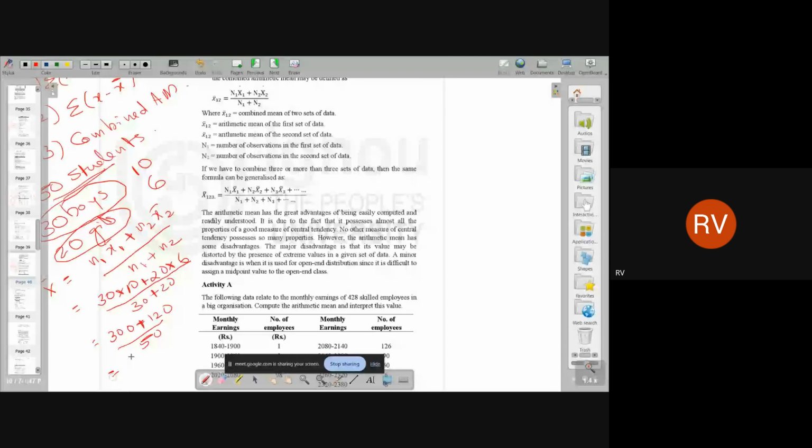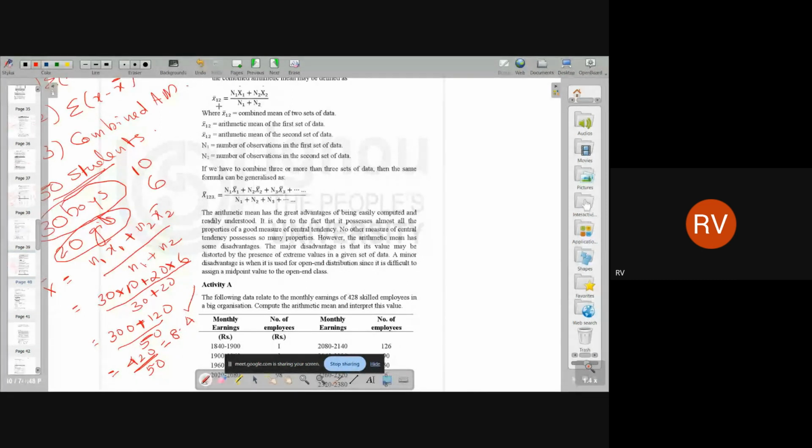That is 420 by 50, which is equal to 8.4. That is 42 by 5, 8.4. This is the combined arithmetic mean.